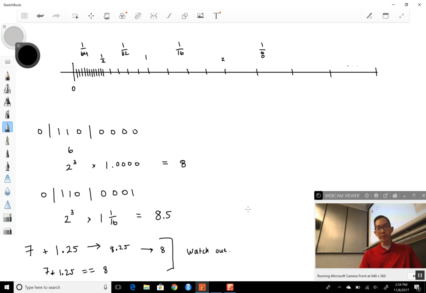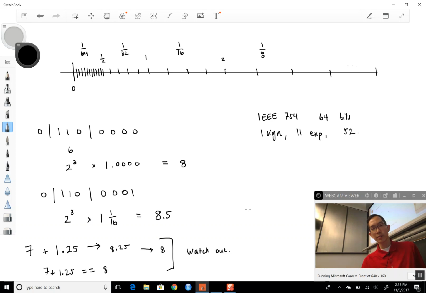Again, the actual IEEE 754 system uses 64 bits, and so we will have 1 sign bit, 11 for the exponent, and, am I counting this wrong?